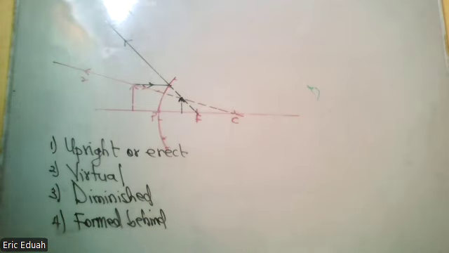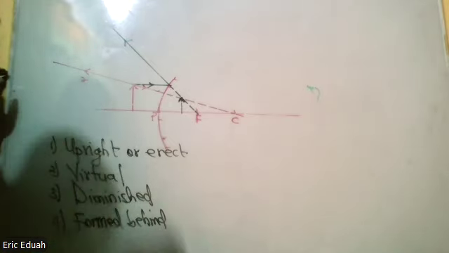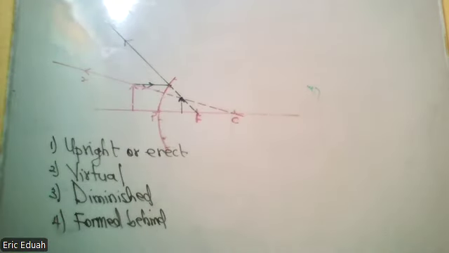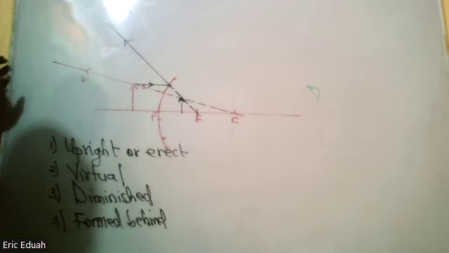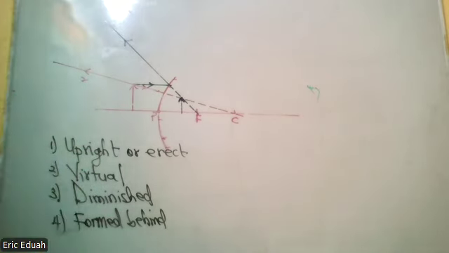So this is one positioning of an object in front of the convex mirror. Let's send the object a bit far away from the mirror and see what happens.